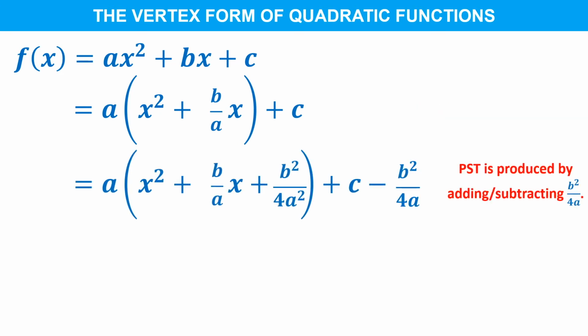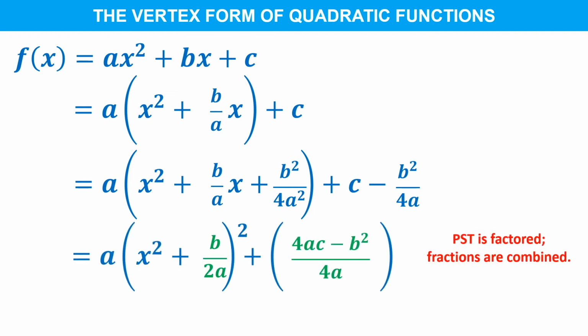This will yield a quantity x squared plus b over ax plus b squared over 4a squared plus c minus b squared over 4a. Factor the PST x squared plus b over ax plus b squared over 4a squared and combine c and b squared over 4a.